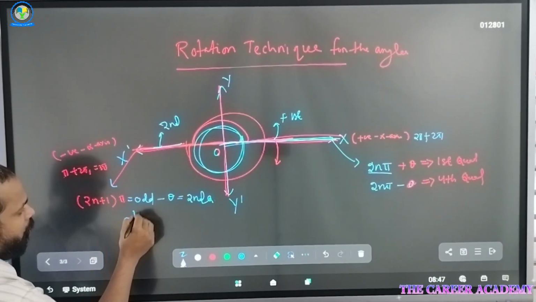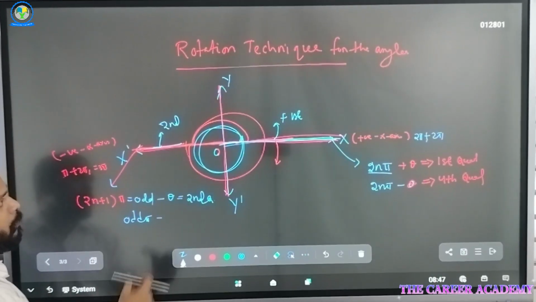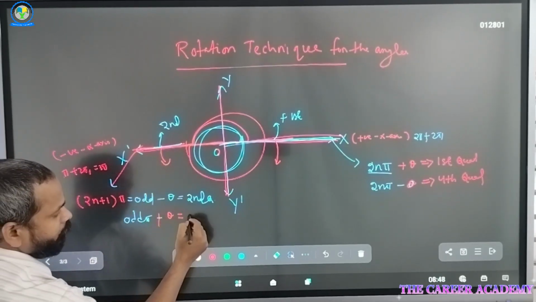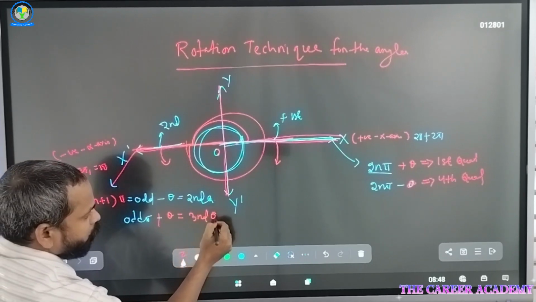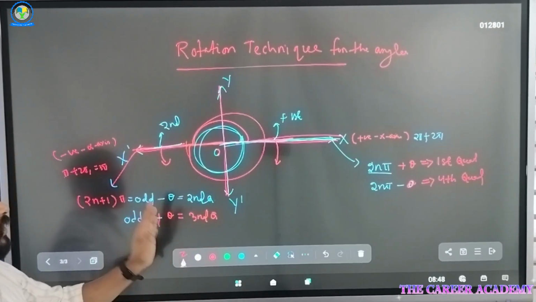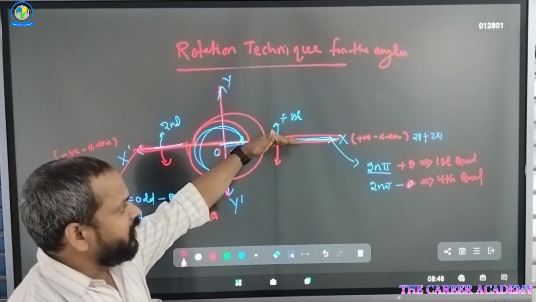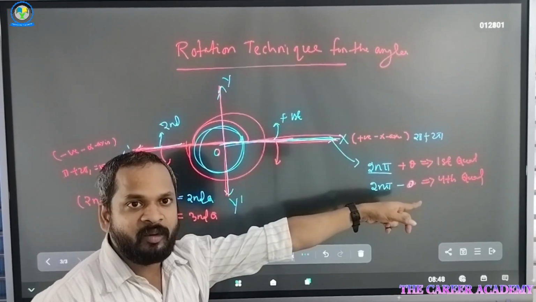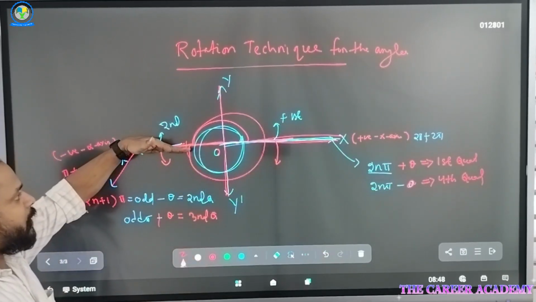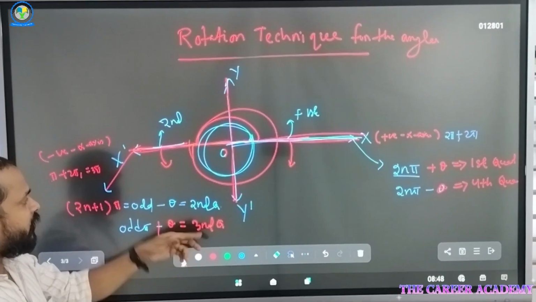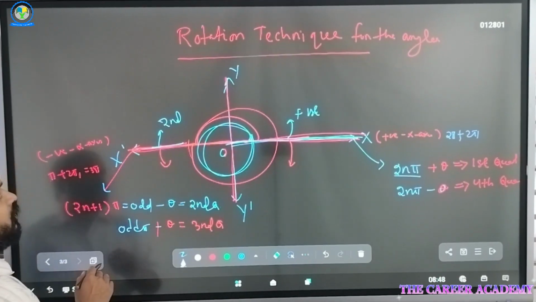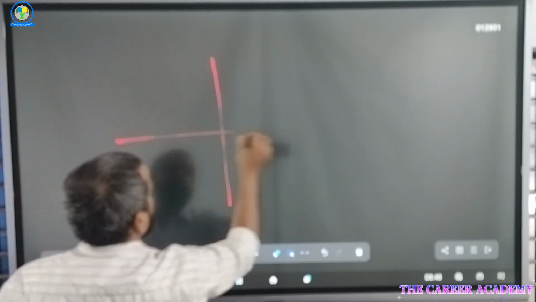If it is odd pi plus theta, it is the third quadrant. Clear, students? That is what you have to remember. Even pi plus theta, first quadrant. Even pi minus theta, fourth quadrant. Odd pi plus theta, third quadrant. Odd pi minus theta, second quadrant. Now we have to learn again.